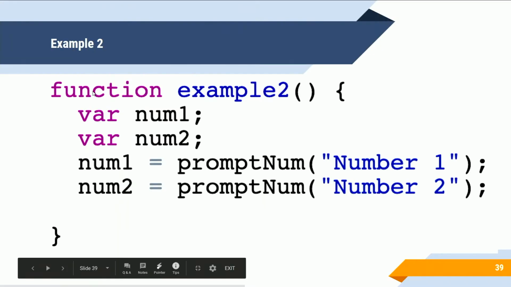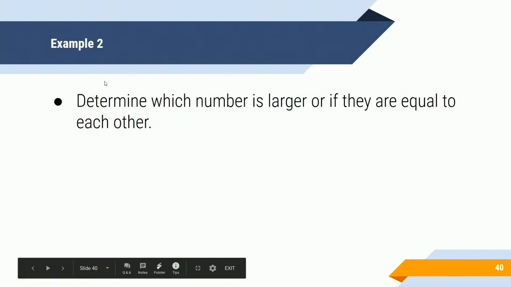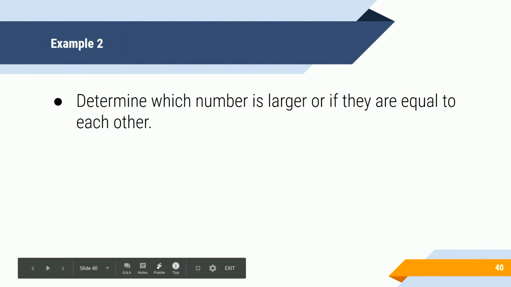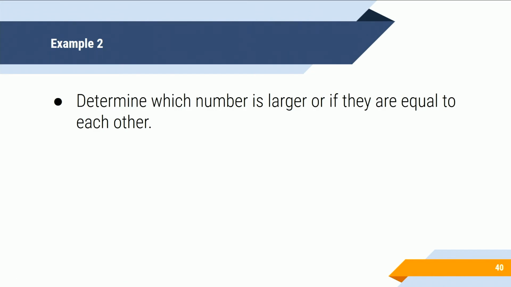So again, let's look at what we're going for here. The question asks, determine which number is larger or if they are equal to each other. Okay, so which number is larger or if they're equal to each other. So let's just do this in a simple way here. We'll say if our conditional, num2 greater than num1. Again, we have our open curly here.